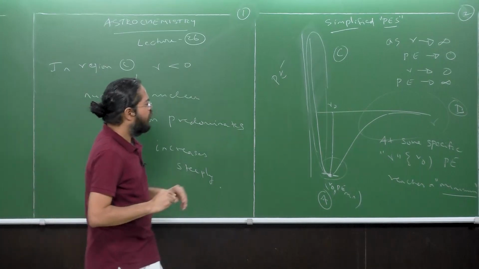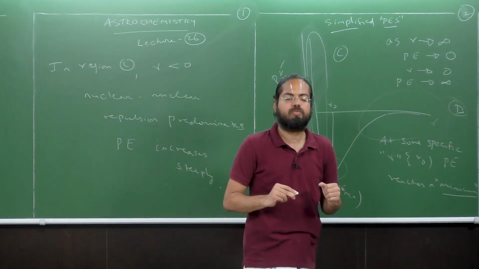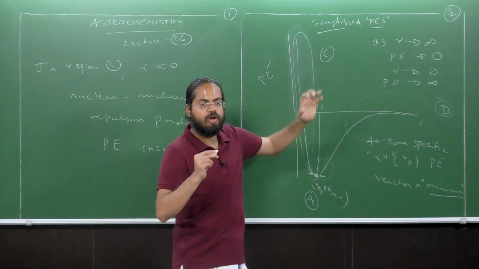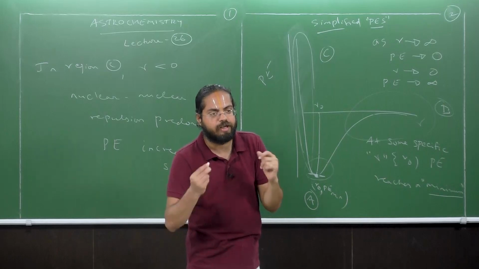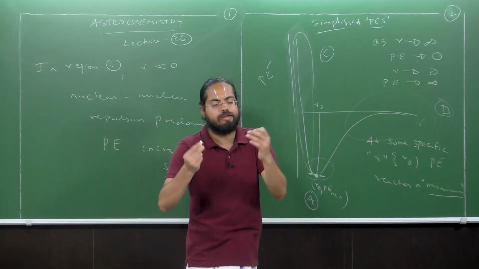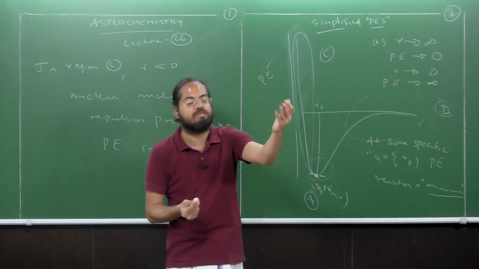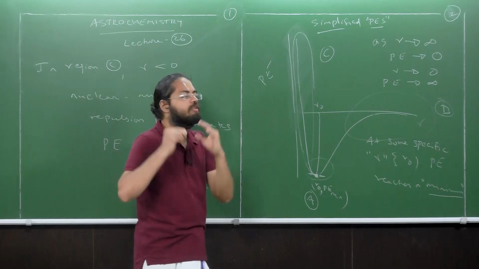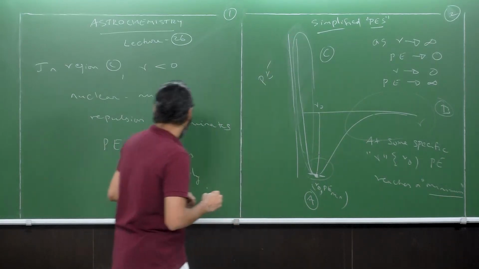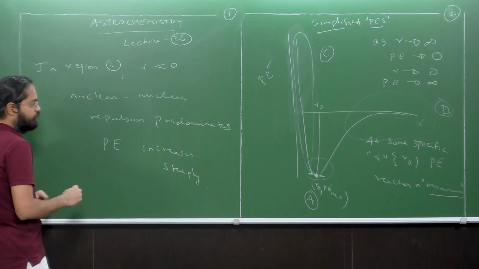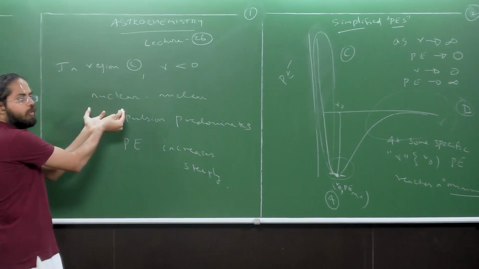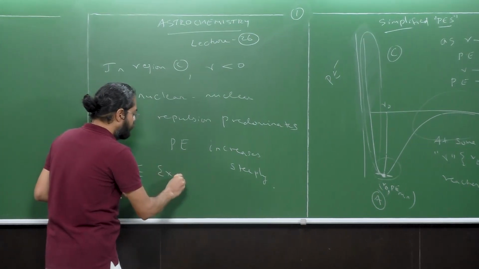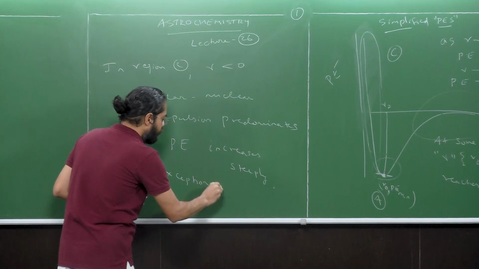So much so that, under normal experimental conditions, it would more or less be impossible to get this region, because we're talking about a highly unstable system. Under such highly unstable conditions, it may not even be possible to perform experiments. So for the most part, almost exclusively, this region C is only obtained using mathematical calculations. So the nuclear repulsion increases, P increases steeply, and the system becomes exceptionally unstable.